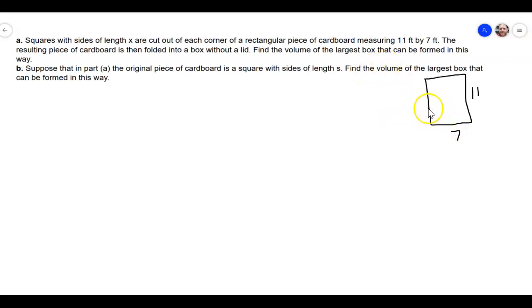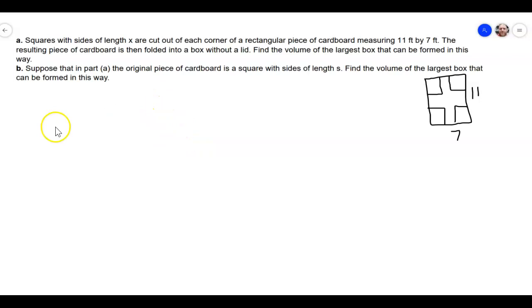So we're basically going to be cutting a square out of here, cutting a square out of there, cutting a square out of here, and then cutting a square out of there. And then we're going to fold up these pieces, everything but the squares that we just cut out, to make a box without a lid.